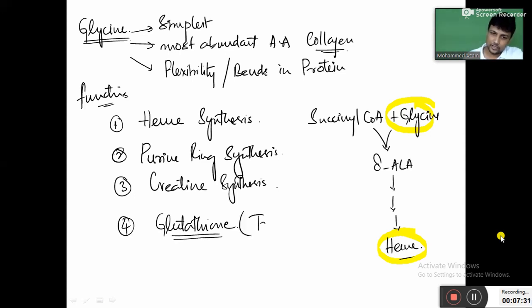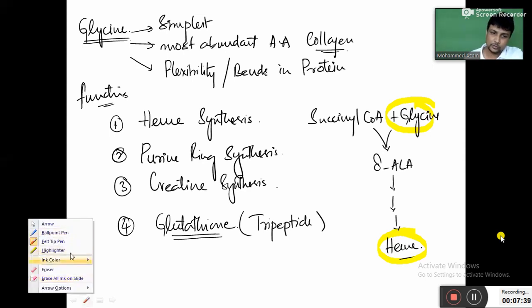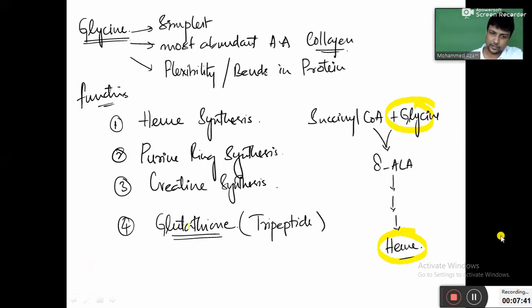Glutathione is actually a tripeptide. What is the meaning of tripeptide? It is made up of 3 amino acids. And how to remember the 3 amino acids? I'll tell you the trick here. First of all, gluta, which is glutamate. The second word is thio. If you have learned a little bit of chemistry in your life, thio is the word used whenever you have sulfur-containing amino acids.